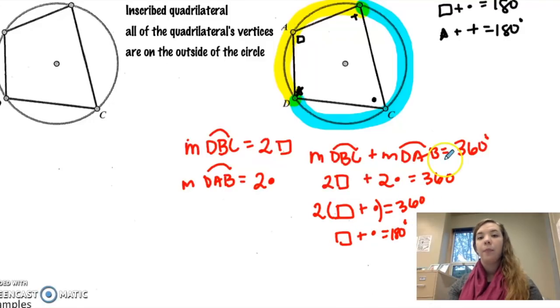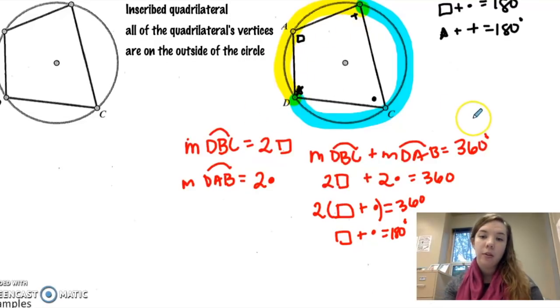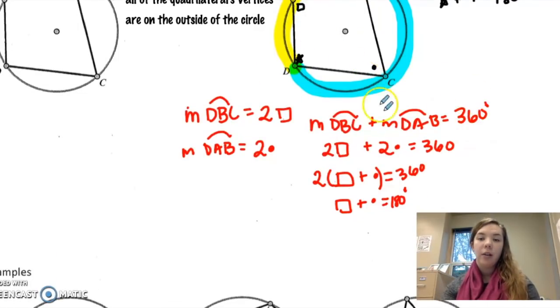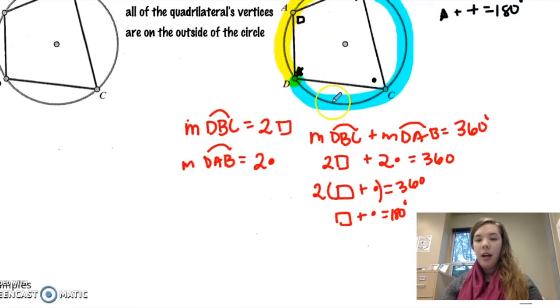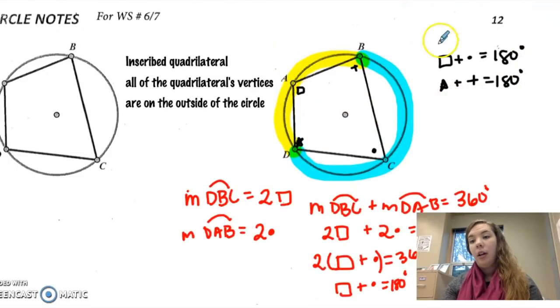This will hold up for the other two angles as well. If they are diagonal from each other, they are always going to add up to 180. This is the proof, and you just need to know that it's a relationship that happens for inscribed quadrilaterals.